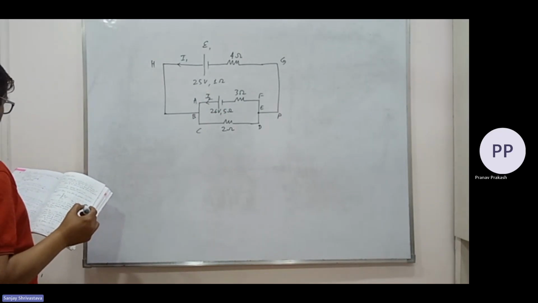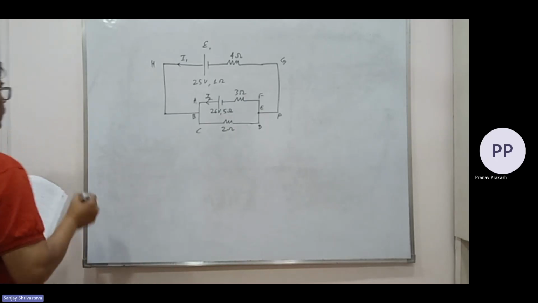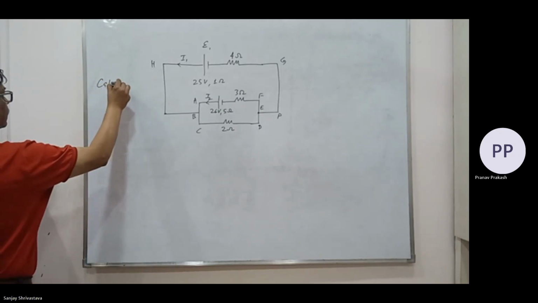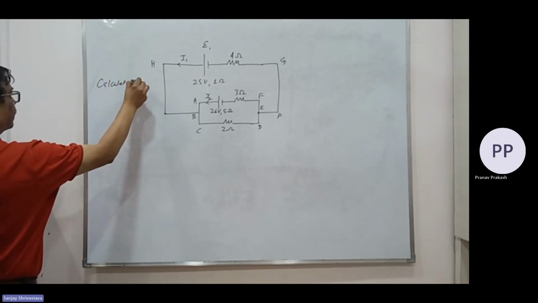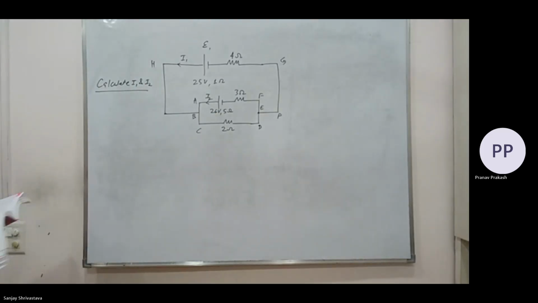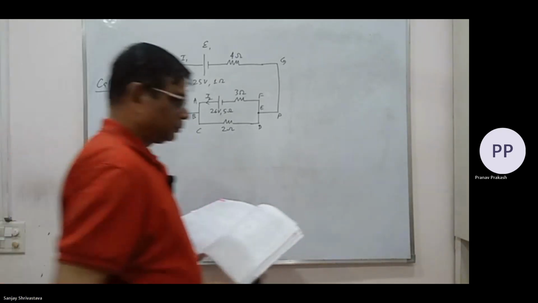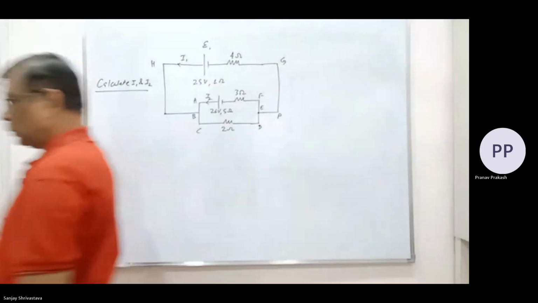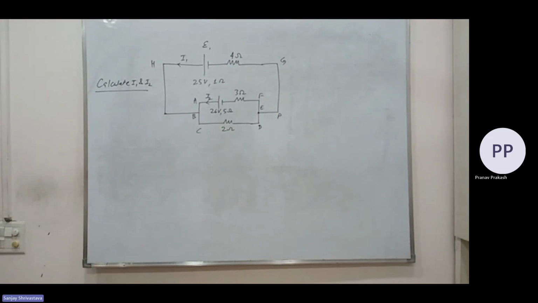So we need to find out, calculate I1 and I2. Okay, calculate I1. पूरा KCL के ऊपर KCL KVL.